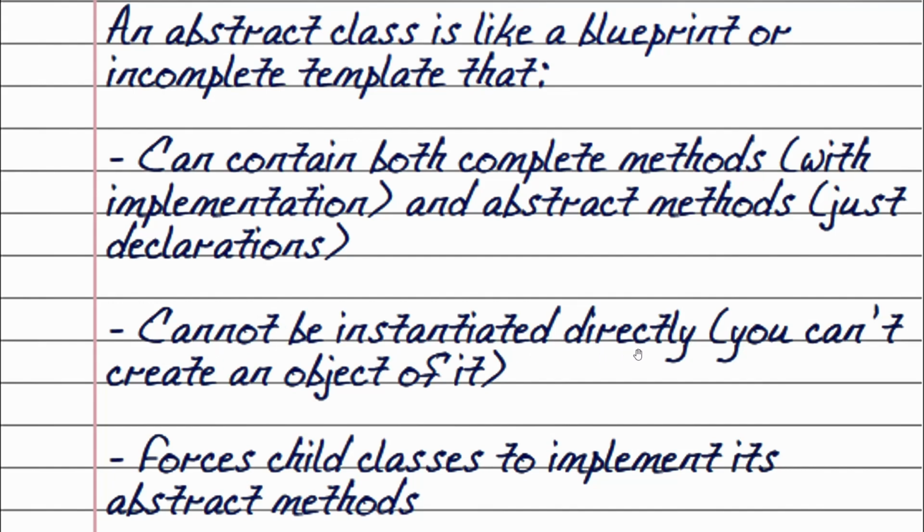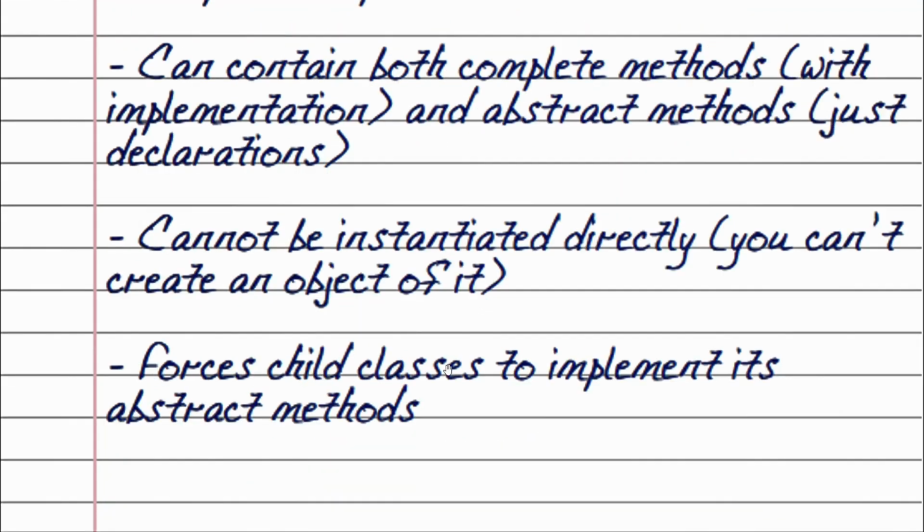That means if the class is an abstract class, then we cannot create an object of the abstract class. It requires child classes to implement its abstract methods. Whatever abstract methods we create in the abstract class, we have to implement them in a concrete class, that is nothing but the child class.